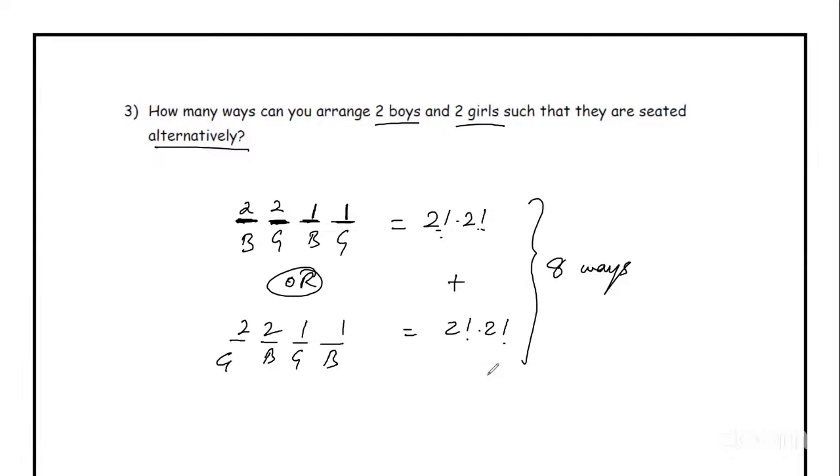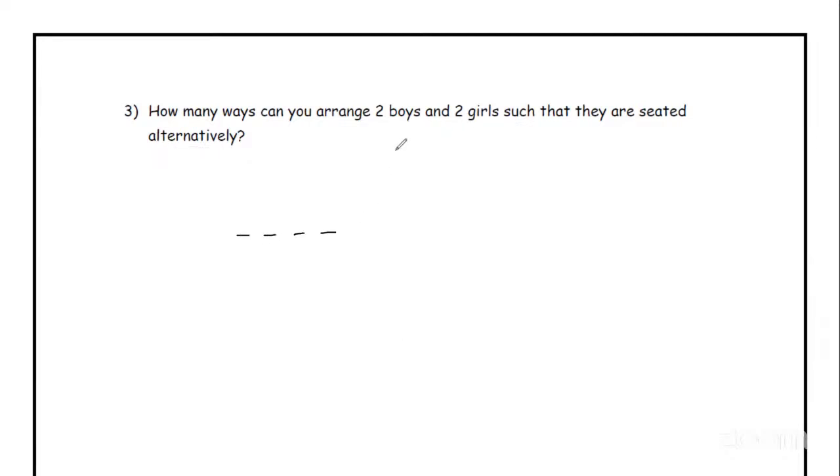There's another way I can solve this question. Suppose altogether there are 4 children, right? So there are 4 options in the first dash. Depending on whether it's a girl or a boy, let's say it's a girl, then I know instinctively that the next one is going to be a boy, then the third is for the girl, and the fourth is for the boy.